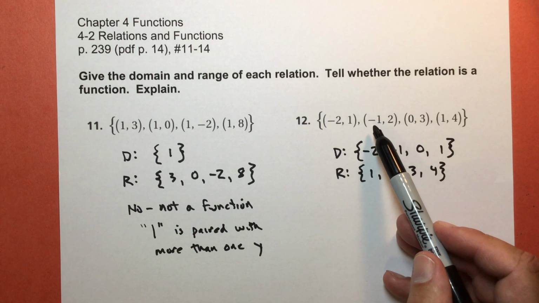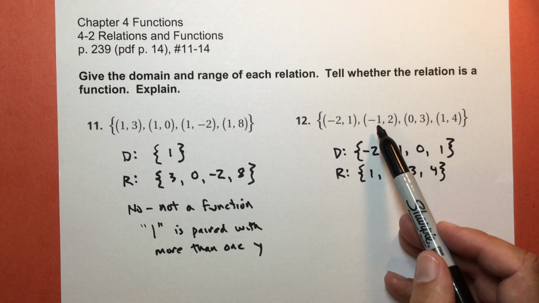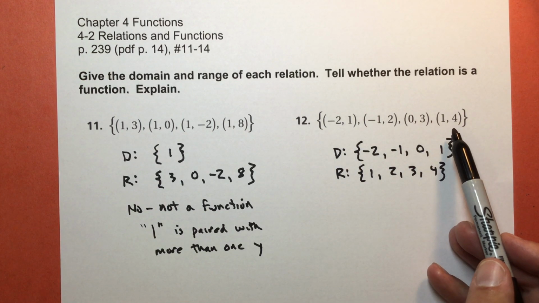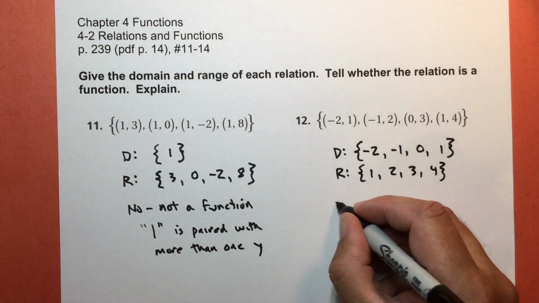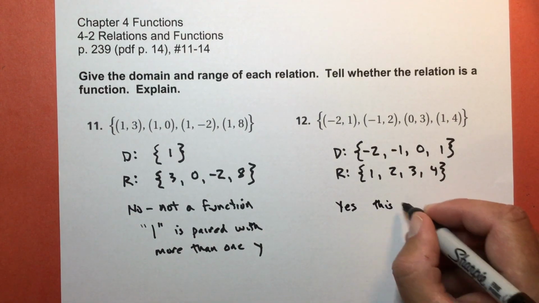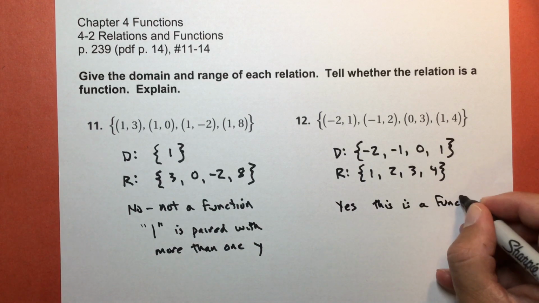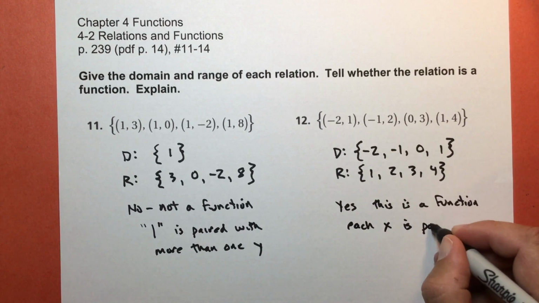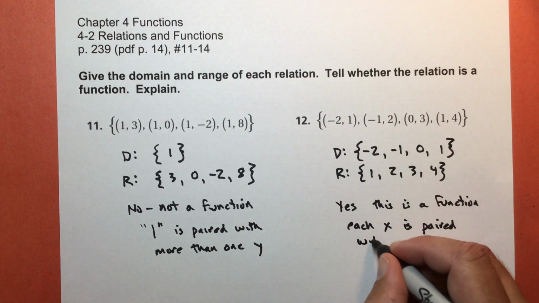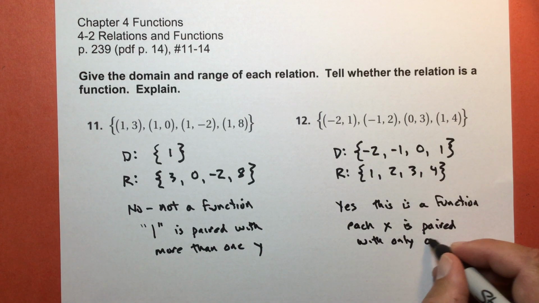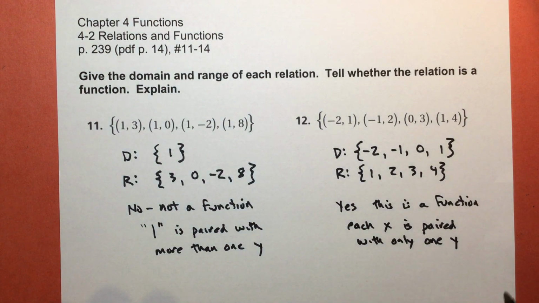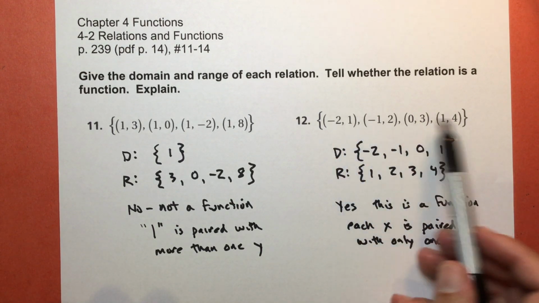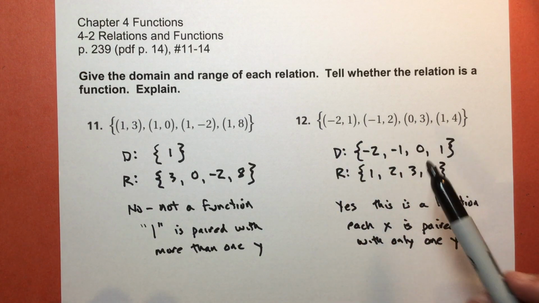No. -1 goes with 2, and that's the only -1 on the left. -2 goes with 1, 1 goes with 4, and 0 goes with 3. So yes, this is a function. Each x is paired with only one y. I have 4 separate x's, -2, -1, 0, 1, and each of them has only one y that it goes with. Okay?